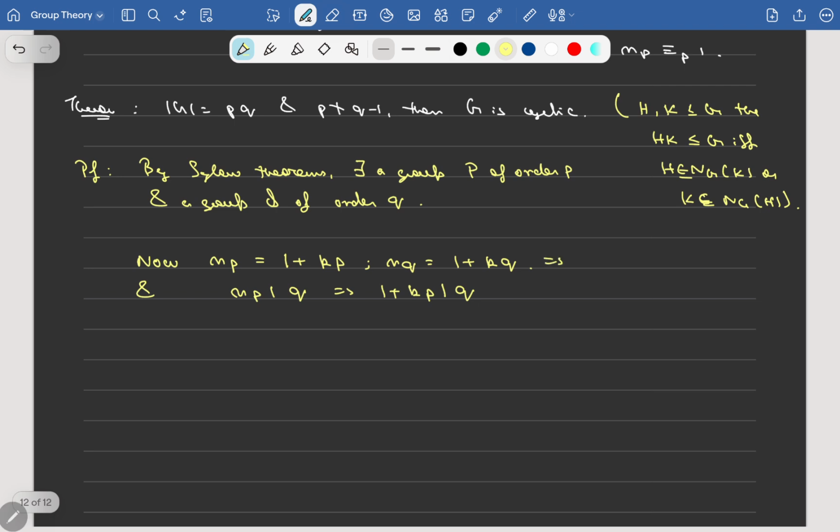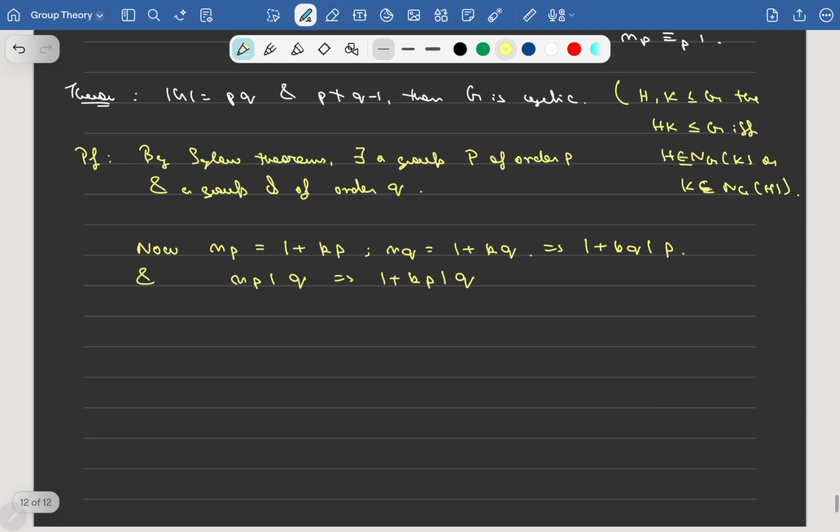And similarly 1 plus K times Q must divide P.